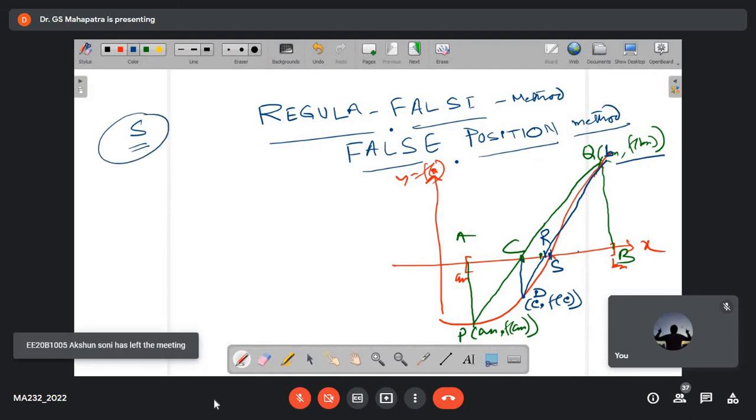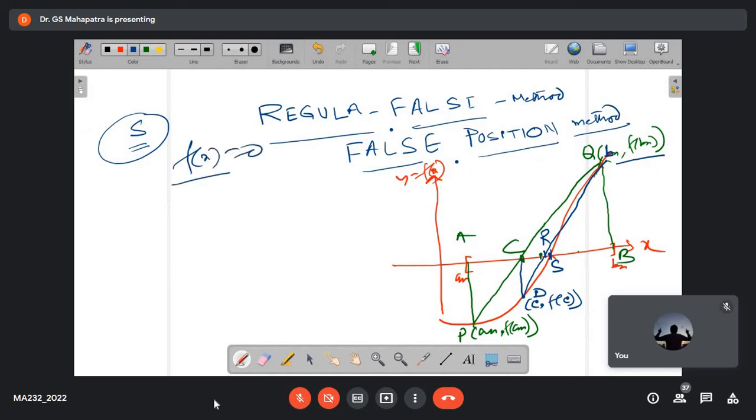There you can stop, and that is your solution. Then only you can reach the solution of that equation. So what is the equation? f of x equals 0. We are going to solve, and f of x is the curve that I initially drew.